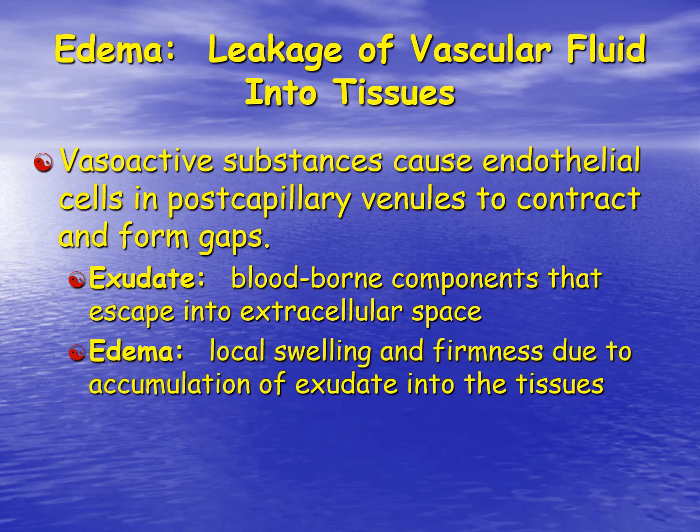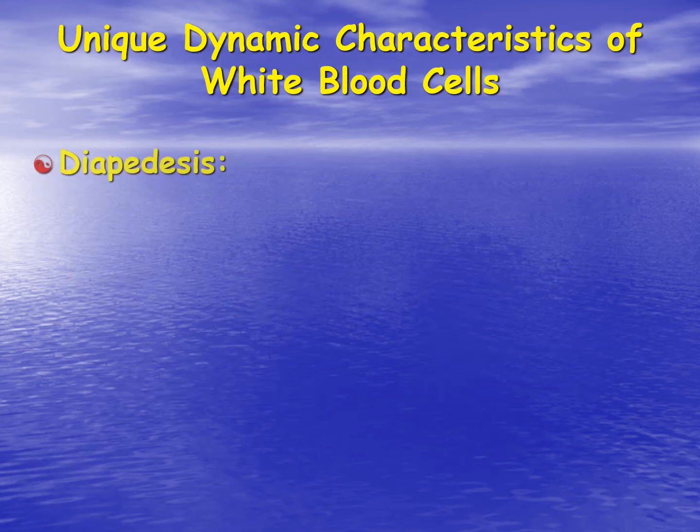And there's various forms of exudate depending upon whether this is just injury that's caused inflammation alone or inflammation with the infection. The edema is a localized swelling and firmness due to accumulation of the exudate within the extracellular space.